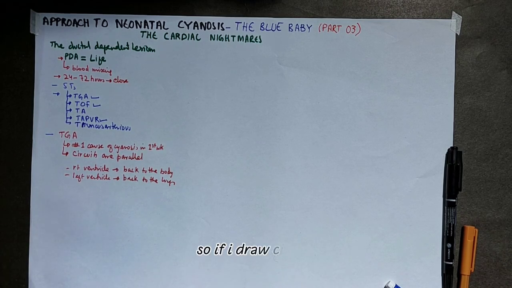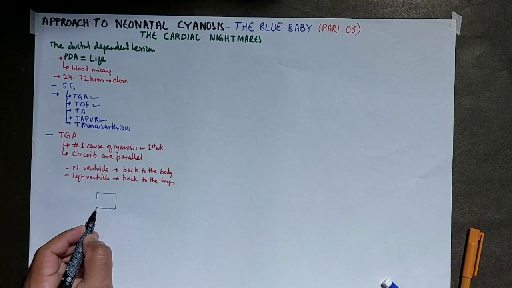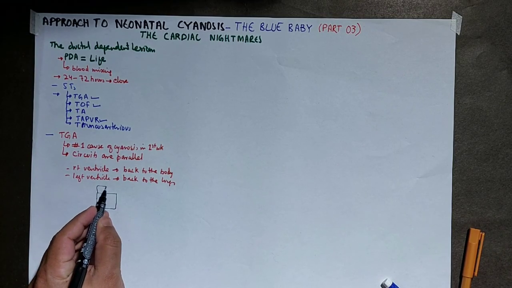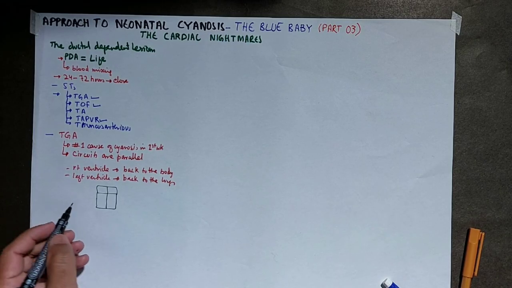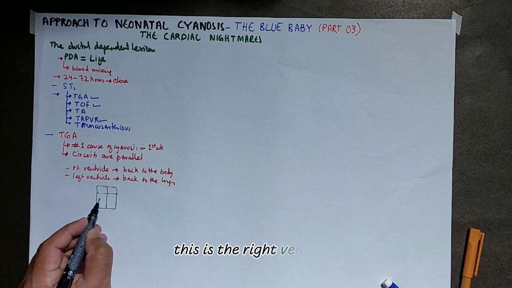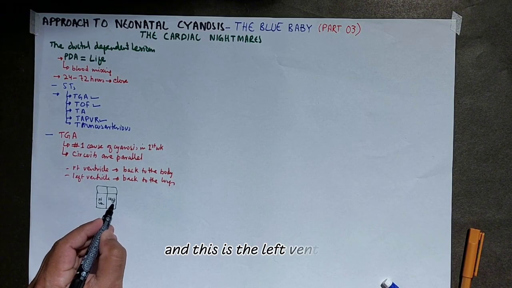So if I draw a circuit, just look at this diagram. This is the right ventricle and this is the left ventricle.